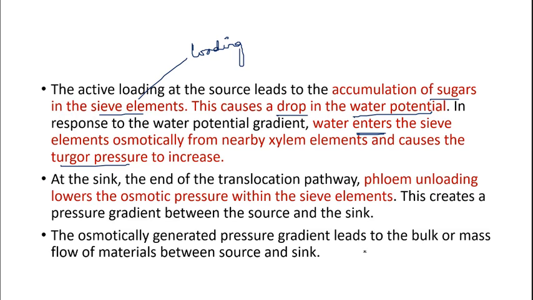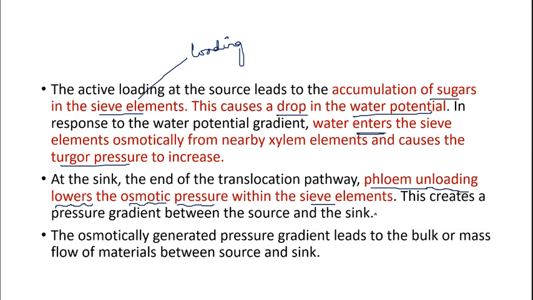Now in phloem unloading, the solute enters the sink and leaves the phloem. Since the solute is entering the sink cells, water will leave the phloem tissue, which will lower the osmotic pressure within the sieve element.